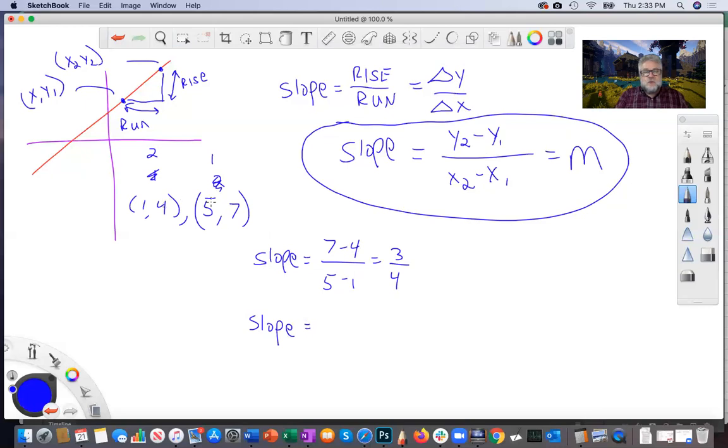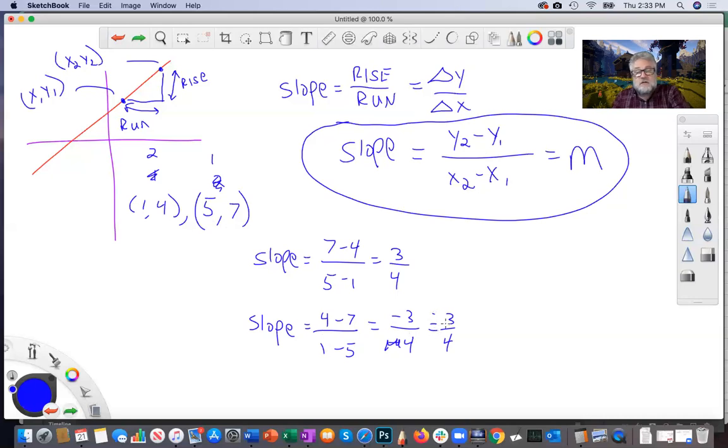So this would be y2 minus y1 over x2 minus x1. 4 minus 7 is -3. 1 minus 5 is -4. You still get the same answer. But now you've had to manage these negative signs. And if you forget about one of them and leave this off, you're going to say, oh, the slope is -3/4.